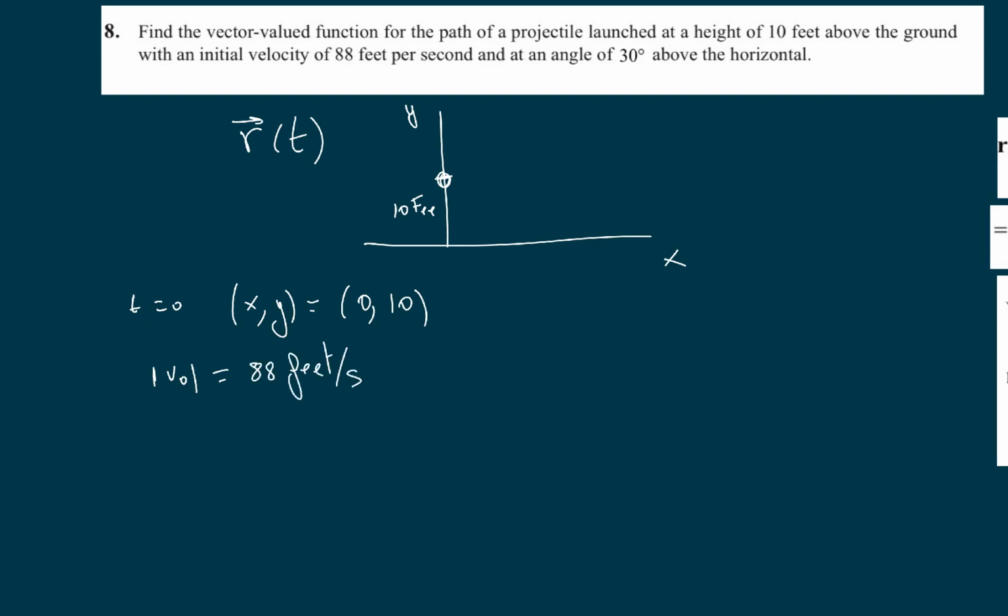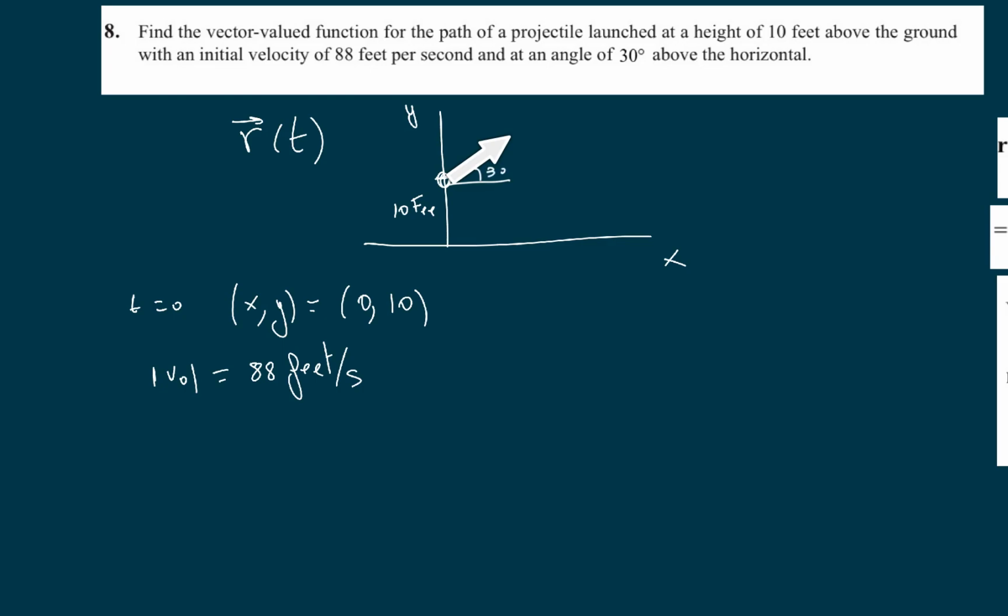And now it says that you launch the projectile with an angle of 30 degrees. So you launch the projectile like this, and the angle with the x-axis, the horizontal axis, is 30 degrees.